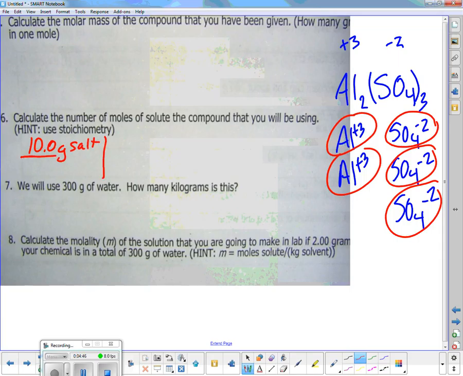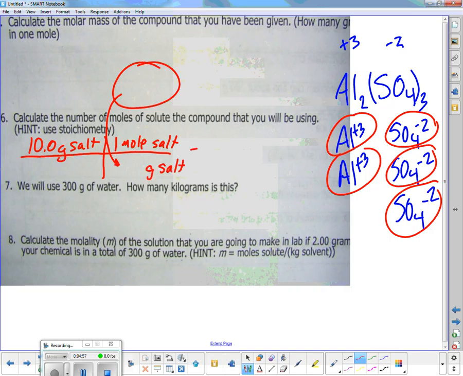You're going to change that to moles. So in 1 mole of your salt, you will have added up here what the mass of that mole is. You're going to bring that down, and that's how many grams of salt are in 1 mole. And you'll end up with how many moles of salt you have, whatever salt you were given.